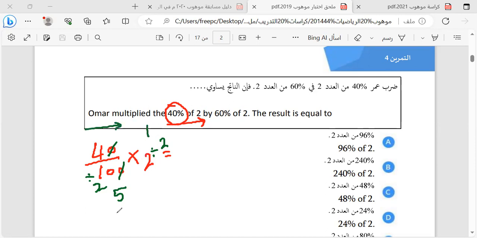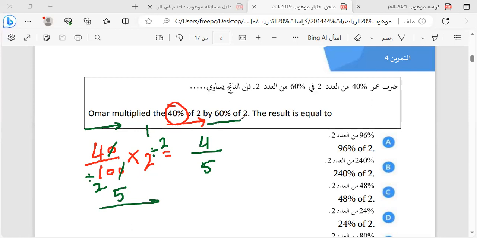Then you multiply directly. 4 times 1 is 4. Then 5, put here 5 because we don't have a denominator. Is it clear now? The first step.